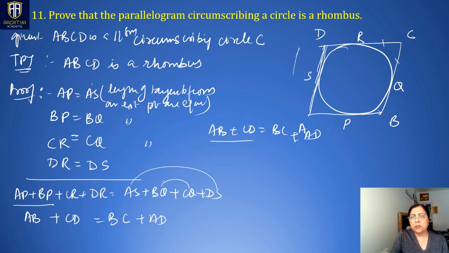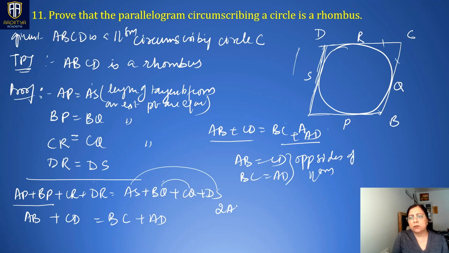So what is the relationship between them? See, AB and CD are already the opposite sides of a parallelogram and they are equal. So AB is equal to CD and BC is equal to AD. They are opposite sides of a parallelogram. So what we can do? We can write this as 2AB.